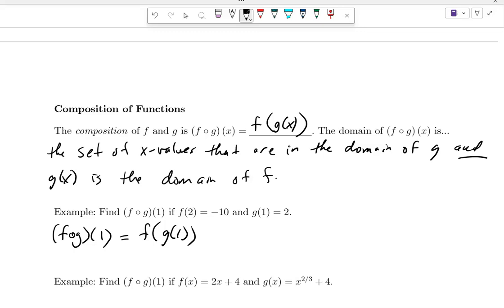And in these compositions, we're going to work inside out. This 1, the first place it goes in is to G, right? So let's simplify that part first. What is G of 1 equal to according to the problem? 2. So we'll replace the G of 1 with the 2. Do we know what F of 2 equals? Negative 10. So we're done.